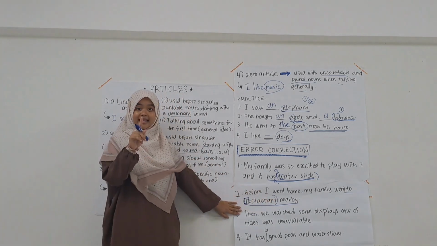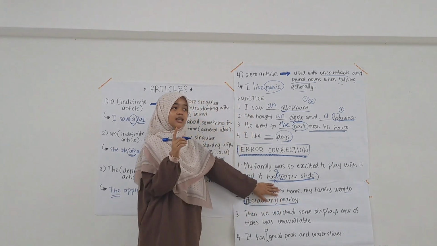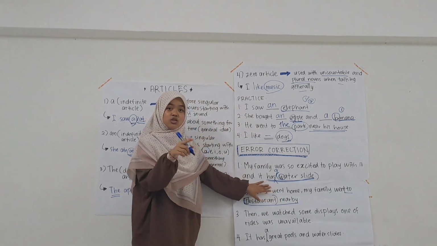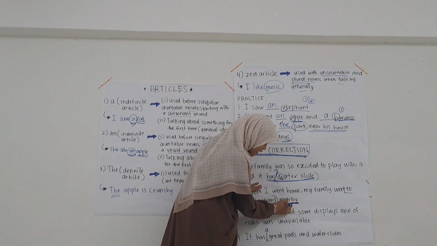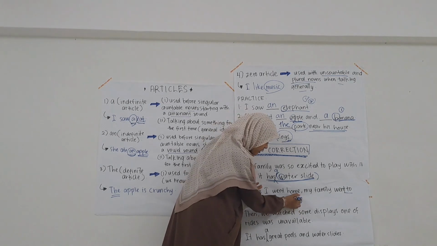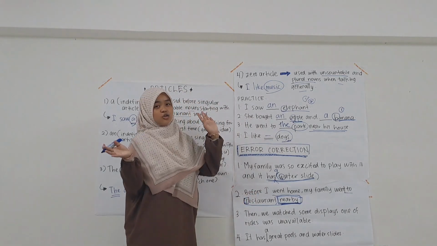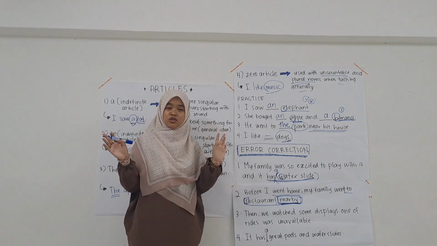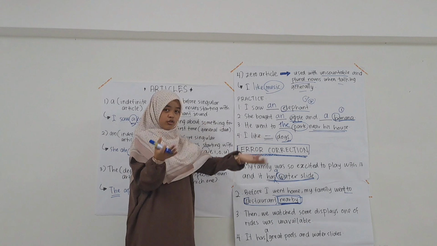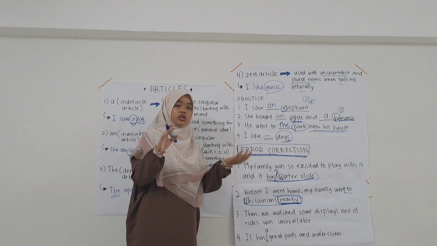No, right? Why? Because there is a specific restaurant that you are pointing at, which is the restaurant nearby. Which restaurant is it? Nearby. So, say one day you are telling your friend about a trip with your family, and you want to say your family also went to a restaurant.